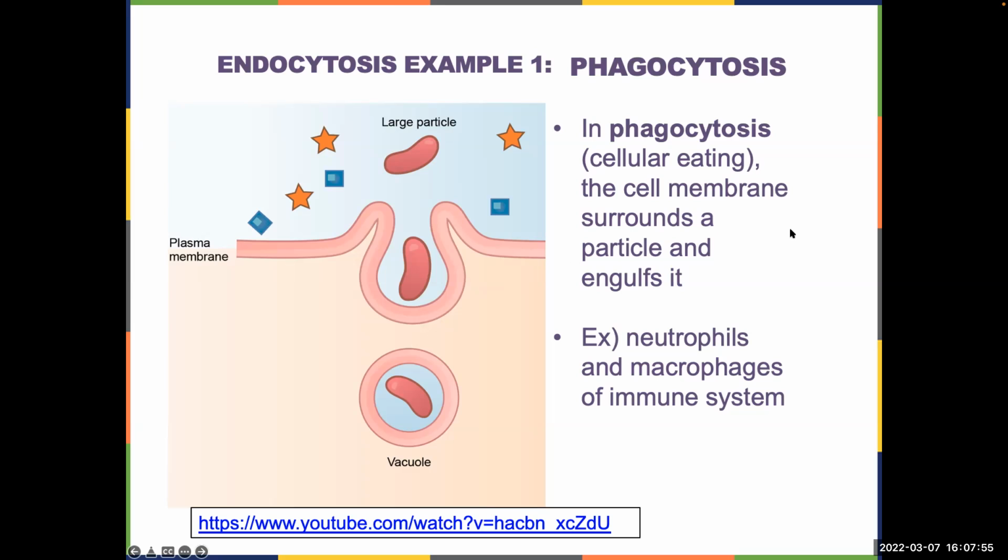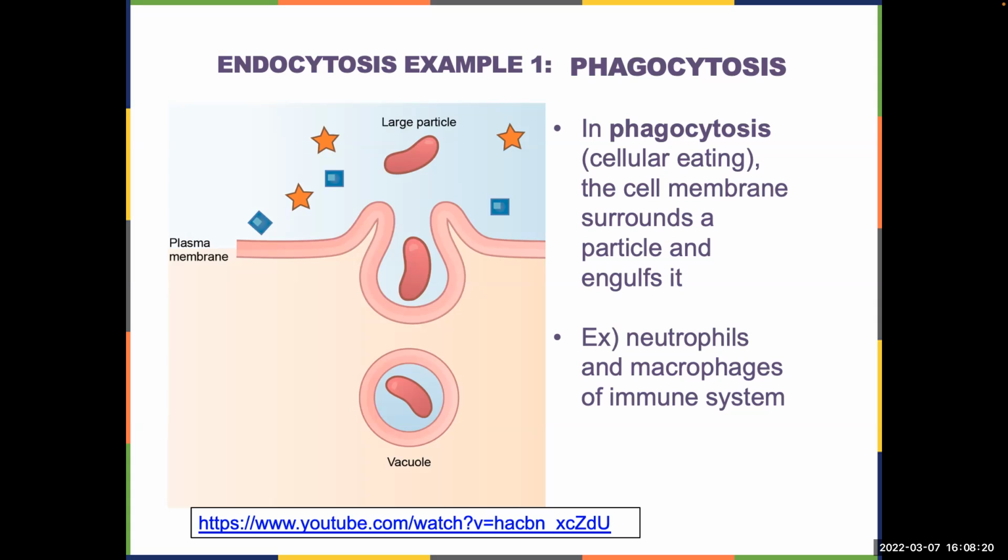We already saw this example when we looked at like an immune cell eating a microbe, and then a lysosome would fuse with the vacuole to break it down, kill it. But sometimes phagocytosis is performed to like eat food or resources.